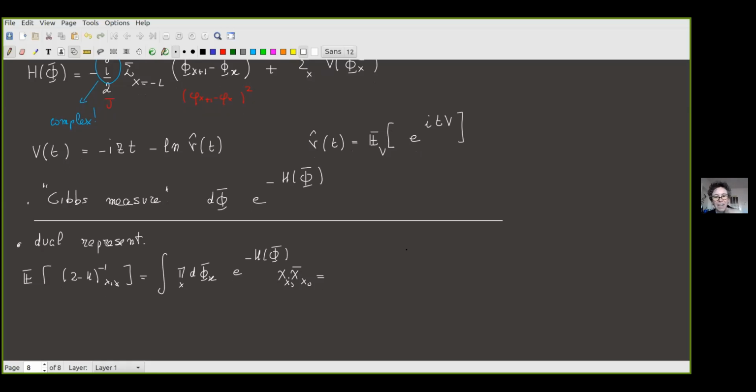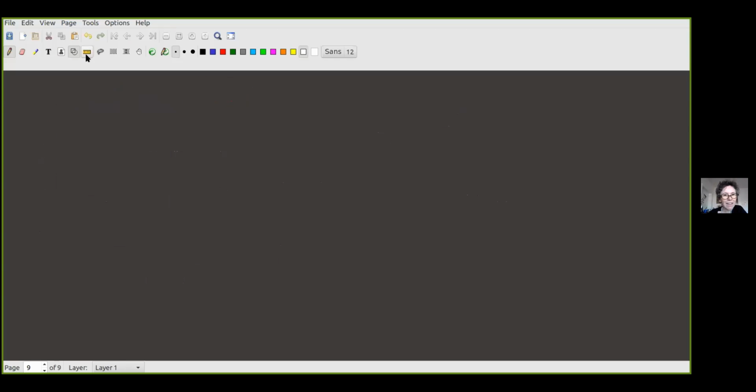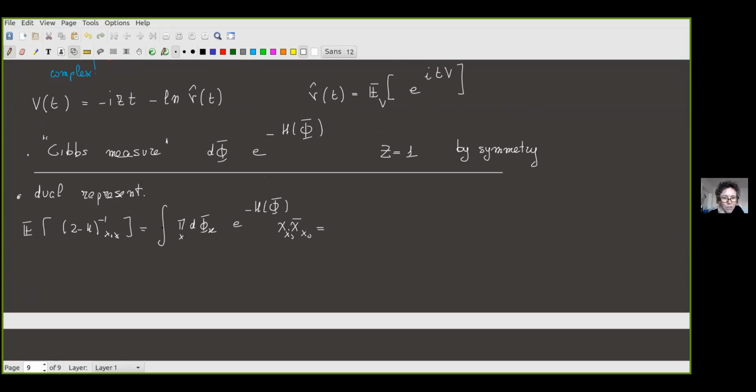The point is that the normalization Z is 1 by symmetry. So this is not a probability measure, but it has exactly the right property. It is normalized to 1.